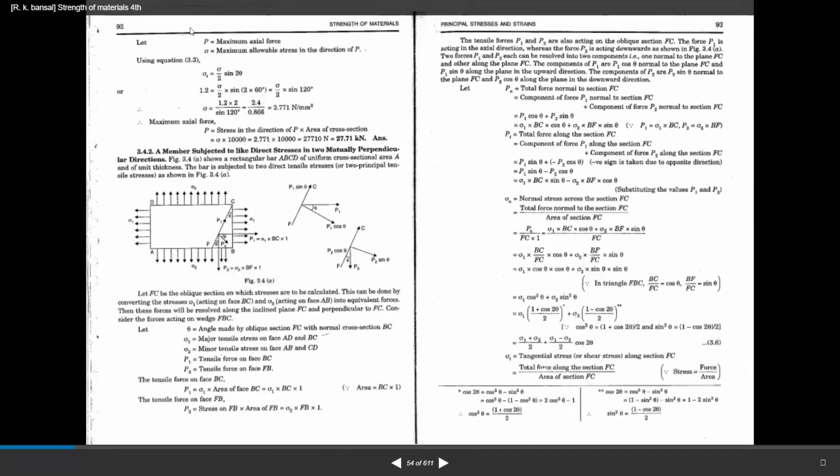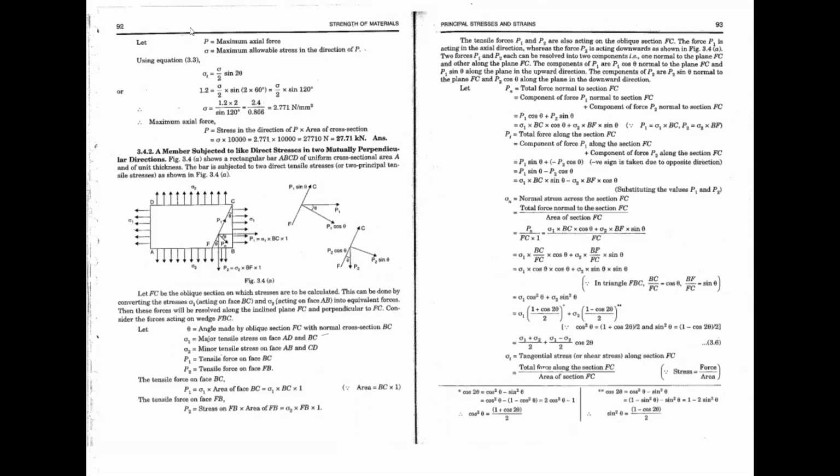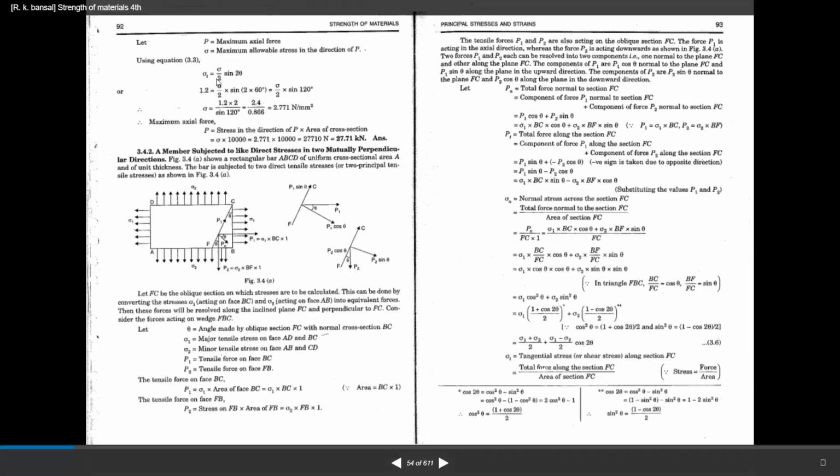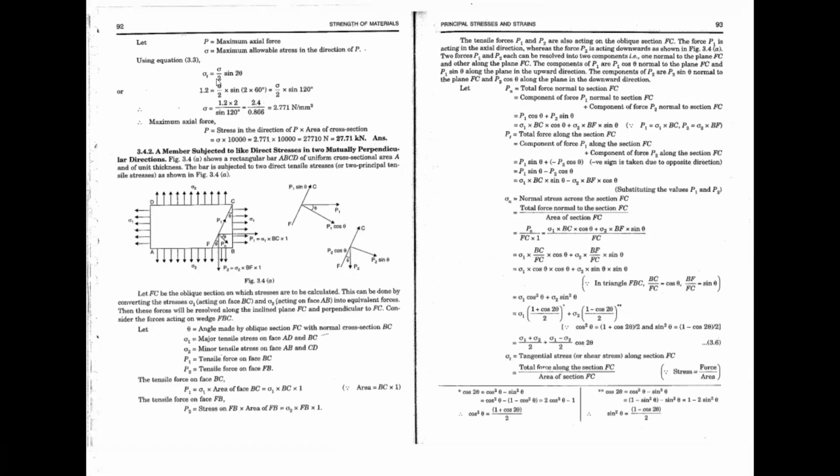Let P equal the maximum axial force. To calculate this P value, sigma equals the maximum allowable stress in the direction of P, using equation 3.3. Sigma T equals sigma by 2 into sine 2 theta, the tangential or shear stress formula, already derived for the analytical method, first condition, one plane.